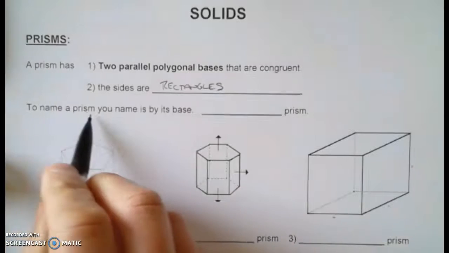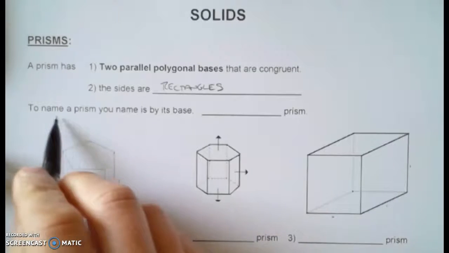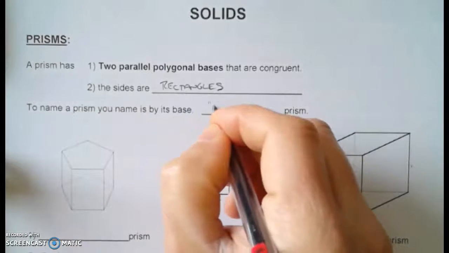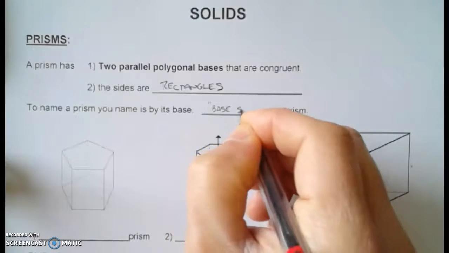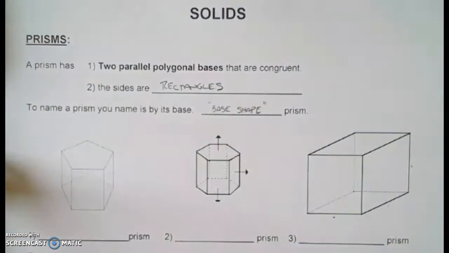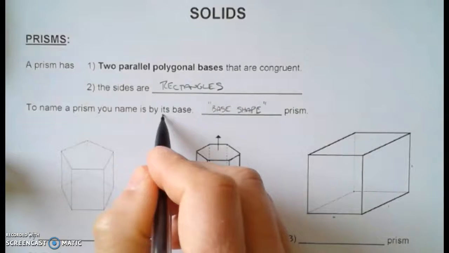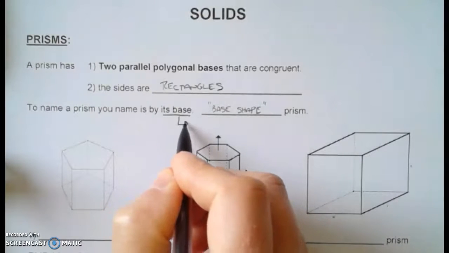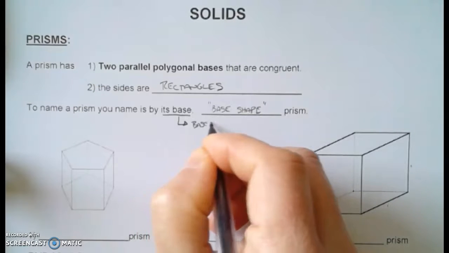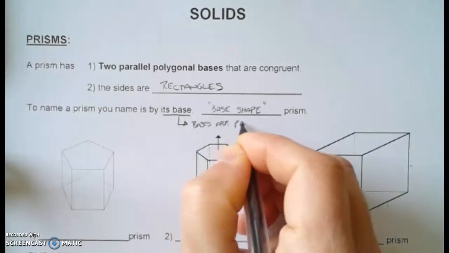To name a prism, you name it by its base. Whatever the base shape is, that's the type of prism that you're going to be working with. And again, you name it by its base. The bases are parallel.